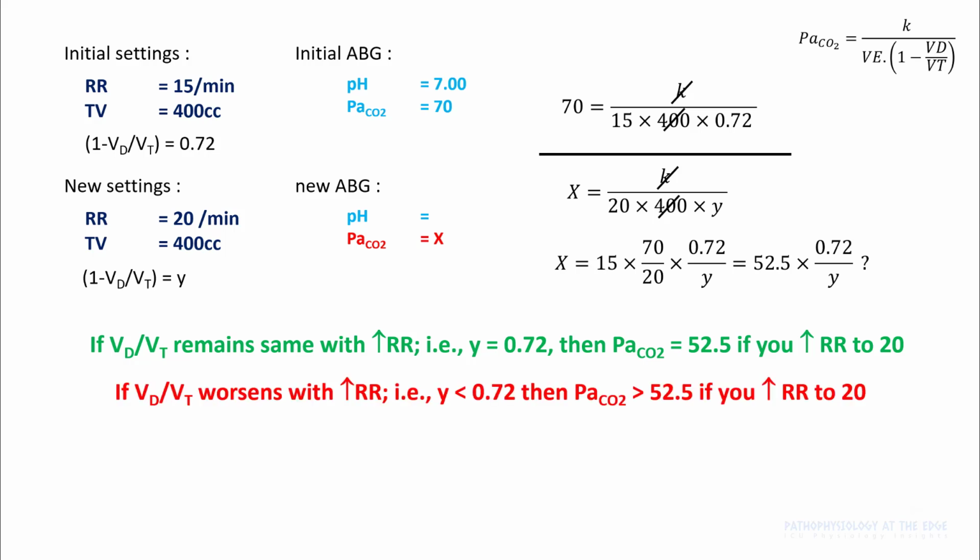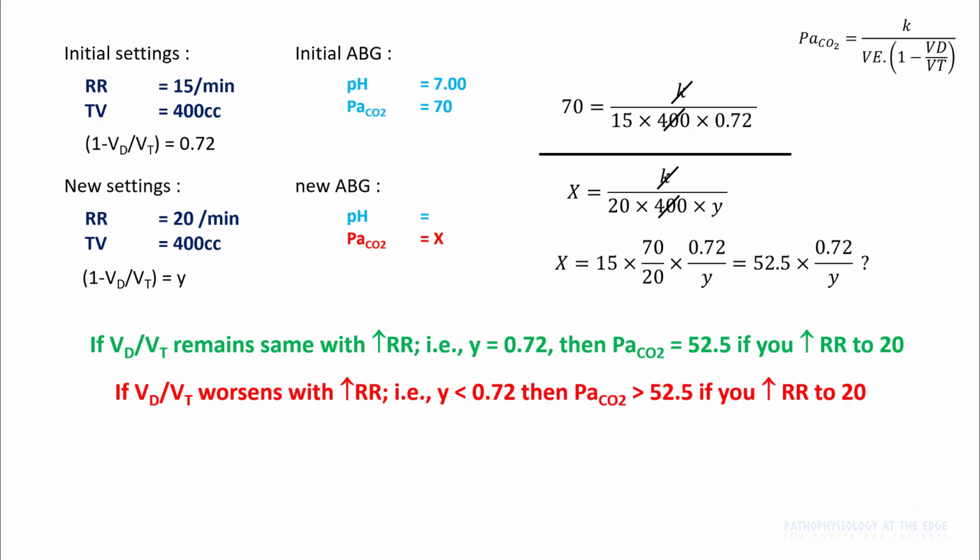If your VD by VT worsens with increasing respiratory rate, that means your Y is going to be less than 0.72. So your PaCO2 will be more than 52.5 if you increase the respiratory rate to 20, and your new arterial CO2 will depend upon how bad this new dead space is.